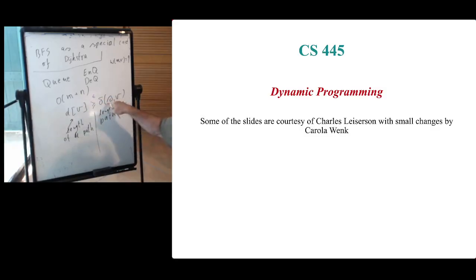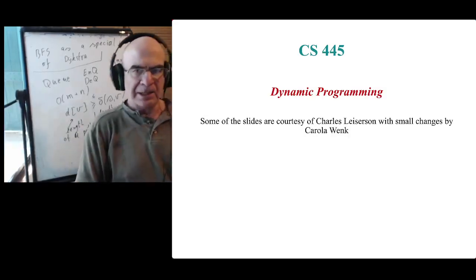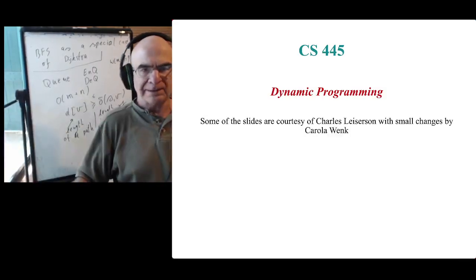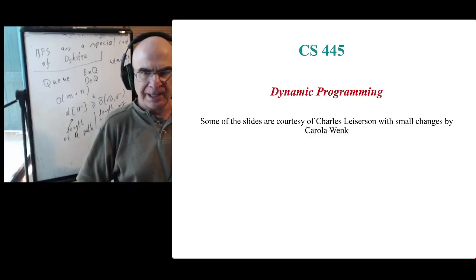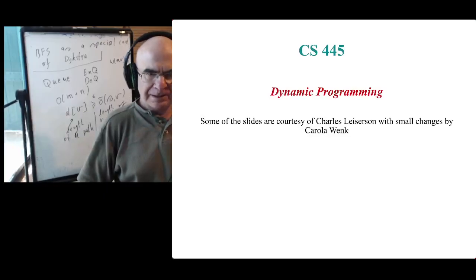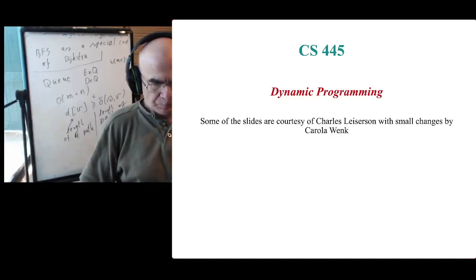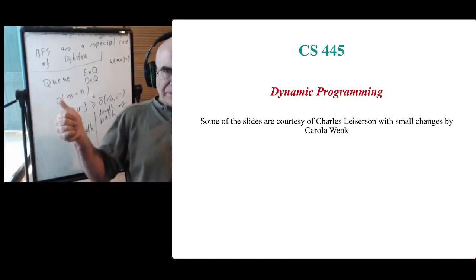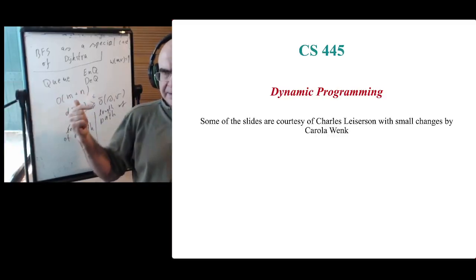These imply that they must be equal, implying that d of v is actually the length of the shortest path. It takes some time, you need induction for it. Not entirely trivial, check the slides. Okay, so that summarizes Dijkstra and BFS.